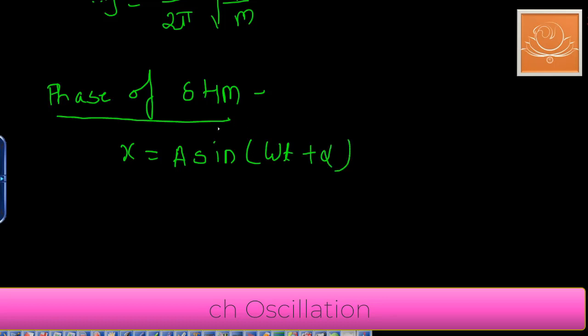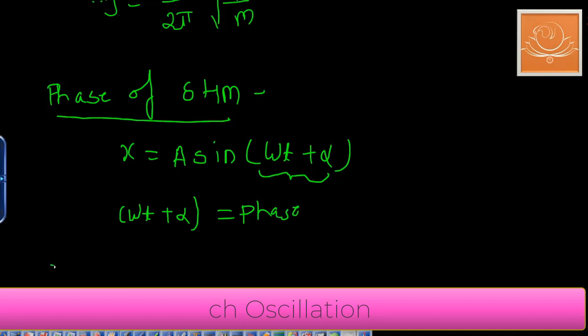The physical quantity which describes the state of oscillation is called the phase of simple harmonic motion. Now the state of oscillation means the magnitude and direction of the displacement at any instant. This is nothing but the phase. In this equation, the bracketed term omega t plus alpha is called the phase.